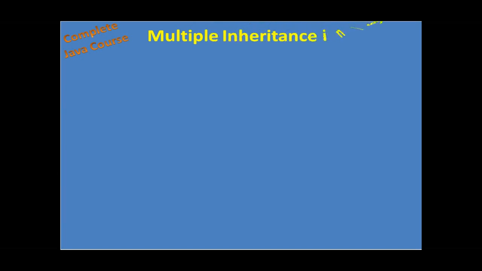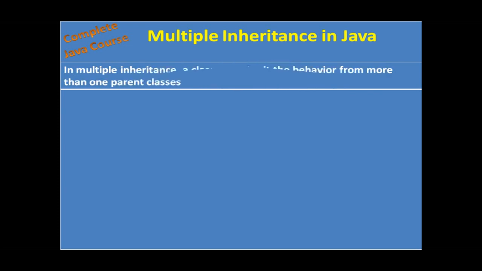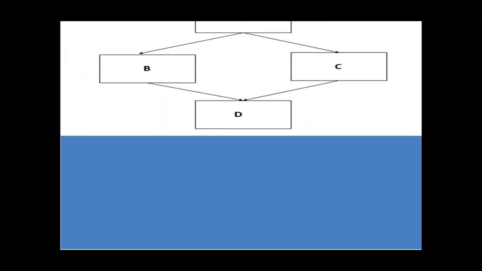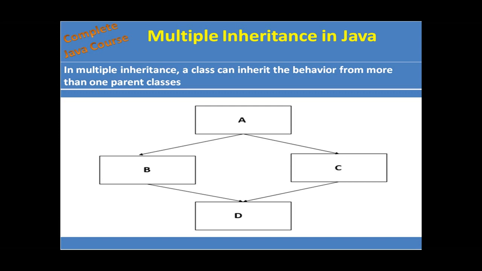Now next one is multiple inheritance in Java. So in multiple inheritance, a class can inherit the behavior from more than one parent class. So this is also called diamond or hybrid inheritance. So in this, what happens? A subclass can have multiple parent classes.